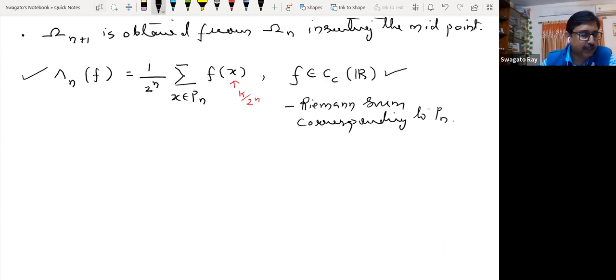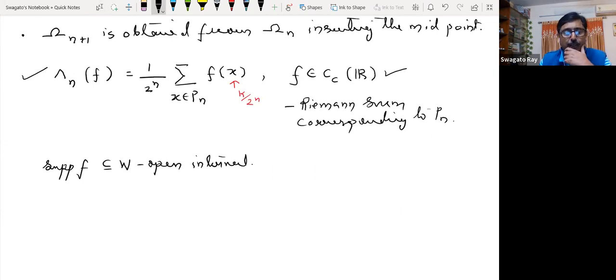Okay, now let us specialize further. Suppose f is real valued in C_c(R), and let us say the support of f is sitting inside some open set W. Let us call it an open interval. That is what was actually my notation.